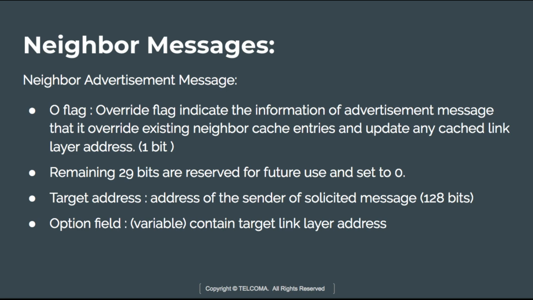So it will update the cached link layer addresses according to the address we get from these neighbor messages. The remaining 29 bits are reserved for future use and are set to 0. Target address: here we add the address of the sender of the solicited message, which is 128 bits long, and the option field has a variable size containing the target link layer address.